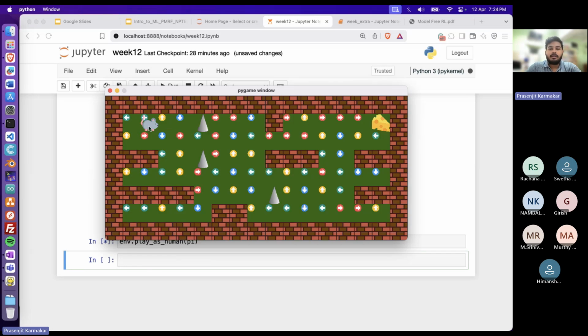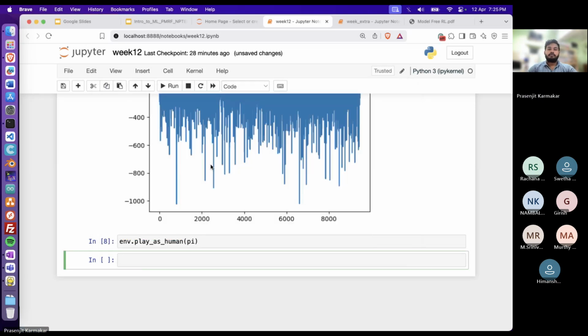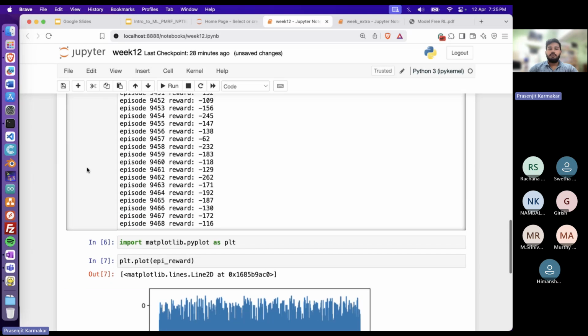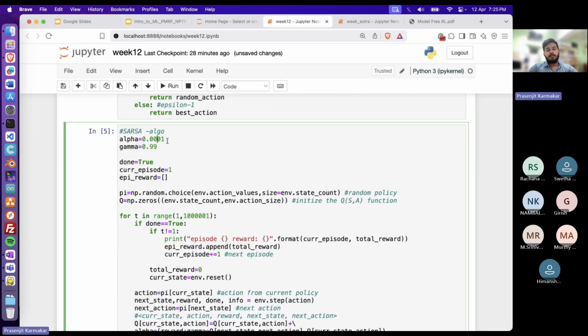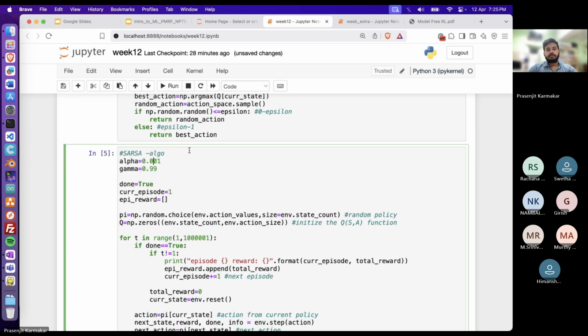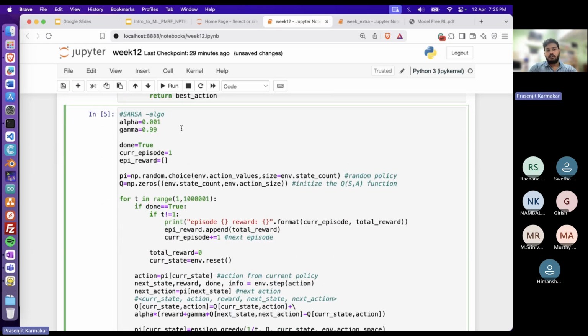It can basically never reach this state unless it is very close to this, right? It's horrible. Okay. So what can I do? Let's change the alpha a bit. Let's keep alpha to be 0.001. See whether that would work or not.